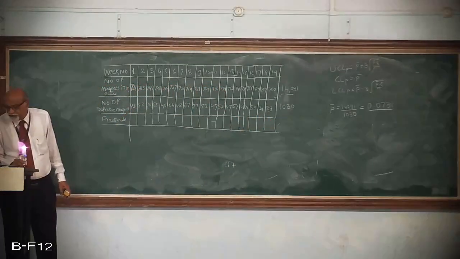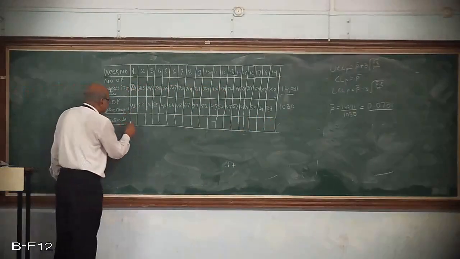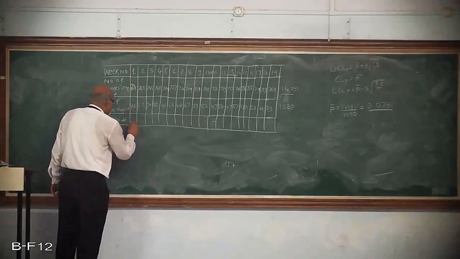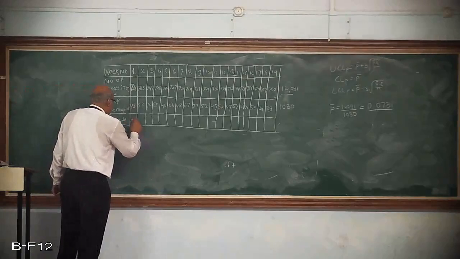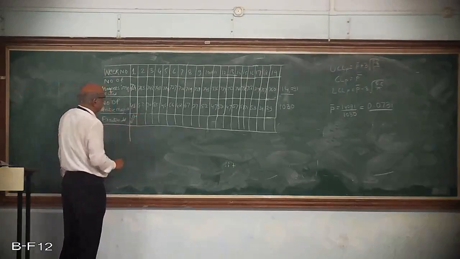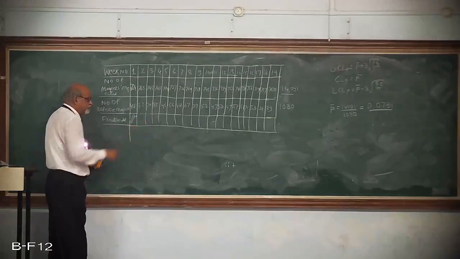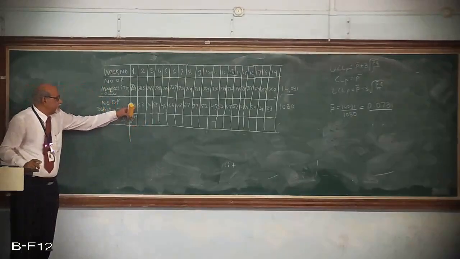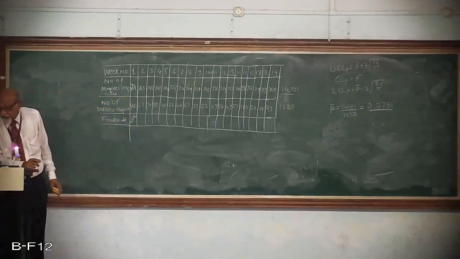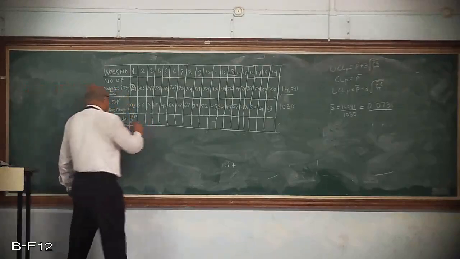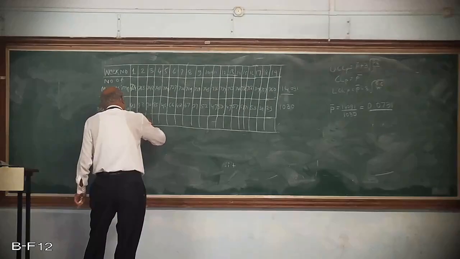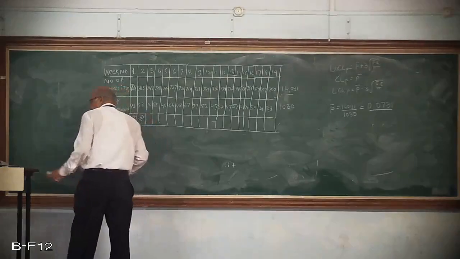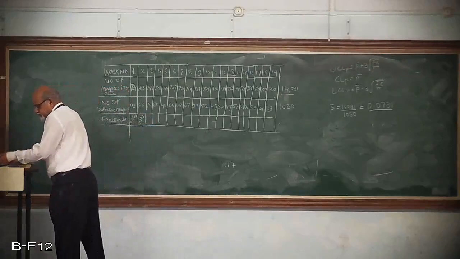That is going to be 0.066. I should have taken this one bit apart. However, I need to manage with this. Second one is 83 by 763. That is 0.109.